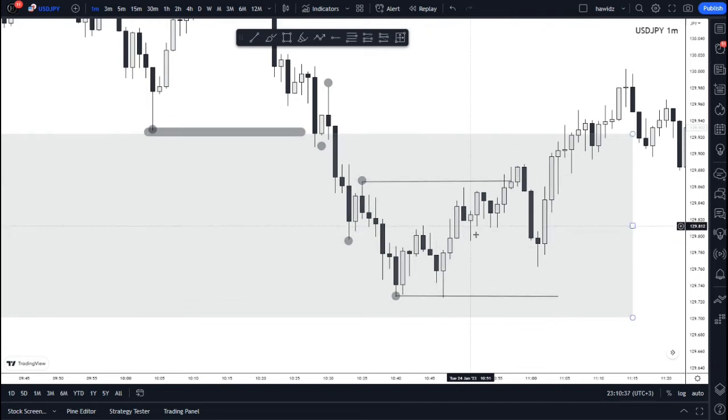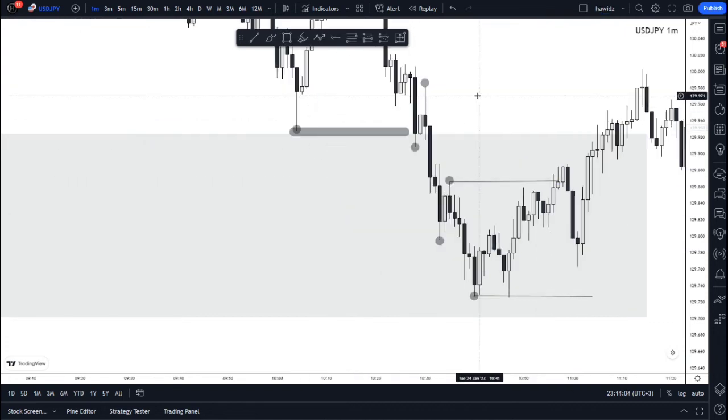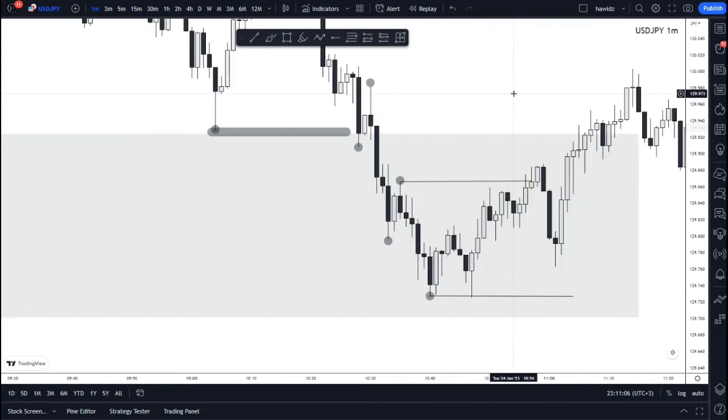So since we're in our higher time frame POI, we're sitting ducks in the lower time frame, waiting either for the break of the high to confirm that this market is ready to go bullish, or for the break of the low to confirm that we should still wait and see if price is really going to hold within this order block, or is this trend about to be violated, right?